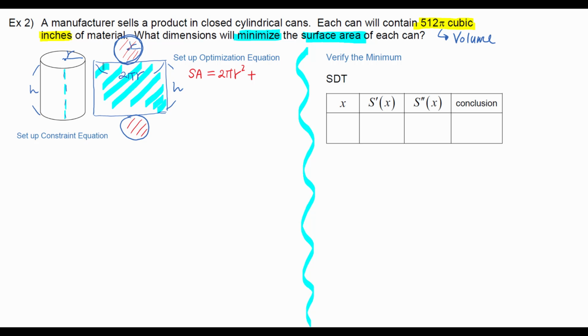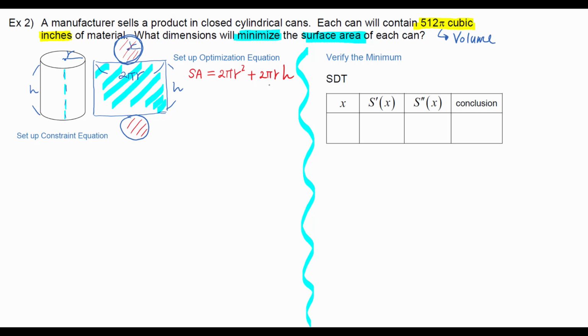This rectangle has length 2 pi r and width h. So the area of that rectangle is 2 pi r times h. So I found my optimization equation, and if you look inside, I have two variables again. I have a variable r and I have a variable h.